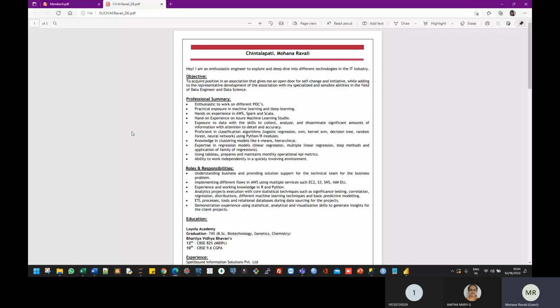It's 3 pages. I actually reduced a lot. I worked almost in a span of 3 years on 11 projects. I kept only 3 projects here. If I put all 11, it will be 10 pages.